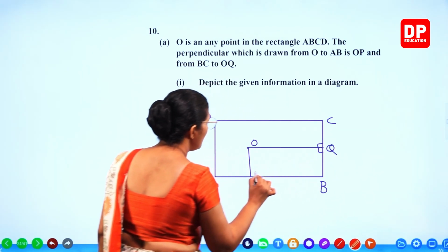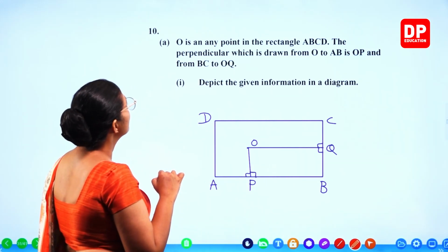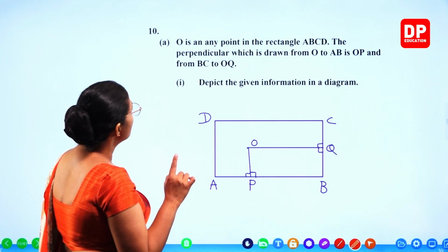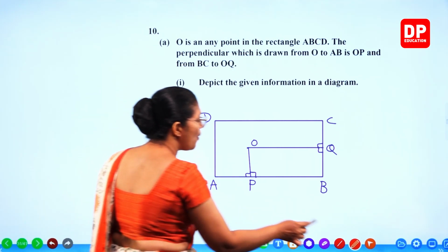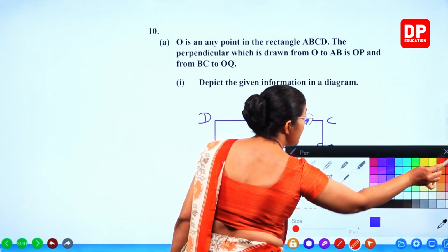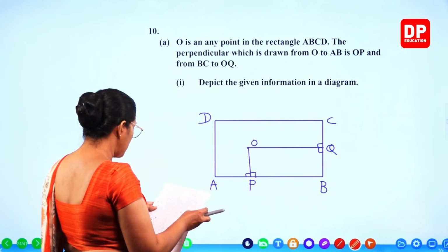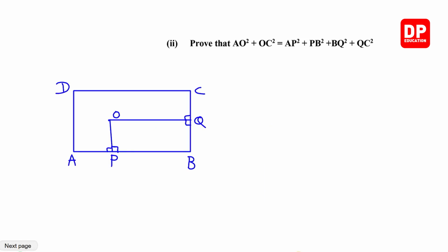This is OQ and this is OP. Depict the given information in a diagram. So that's what you can show. O is any point inside the rectangle. So let's see how many marks you are getting. 2 marks for drawing this diagram. Let's do the second part.